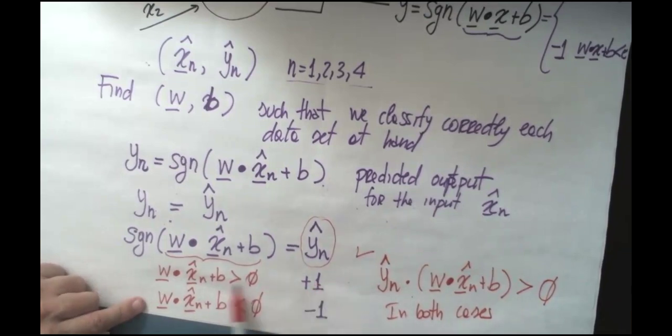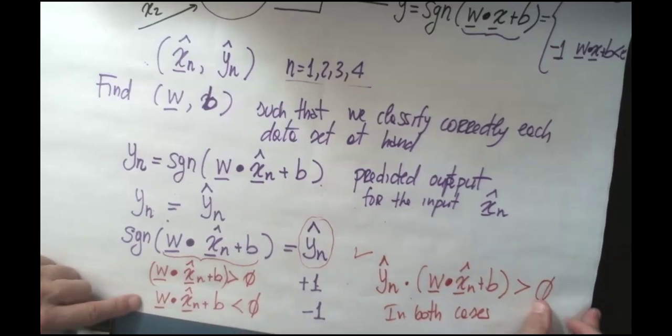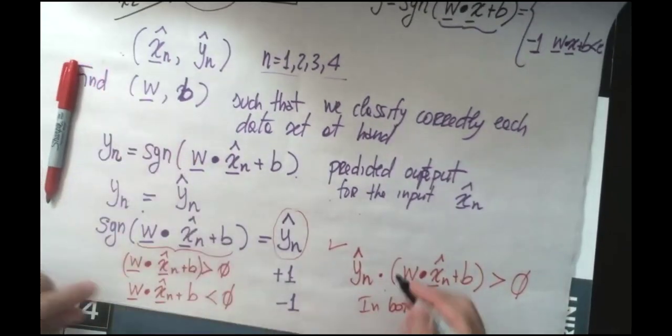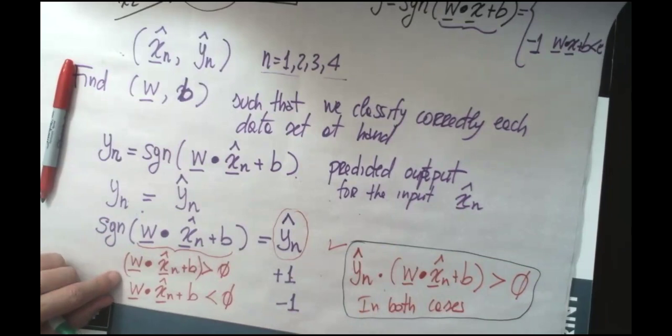When it's +1, this is positive, so when I multiply this number times +1, I get a positive quantity. If this is negative, the label is also negative, and when I multiply these two quantities, I get a positive quantity. So if this condition is satisfied, the data is classified correctly.